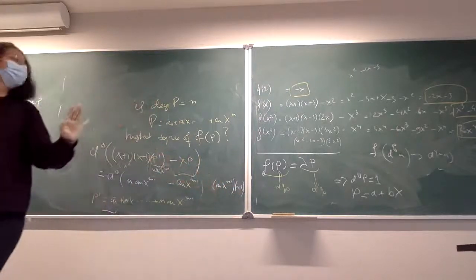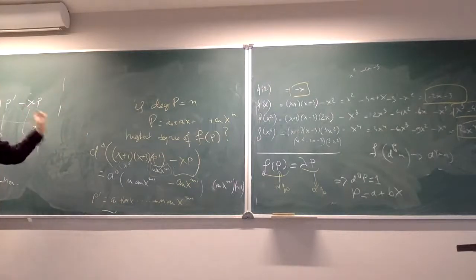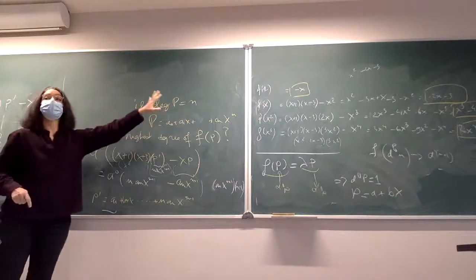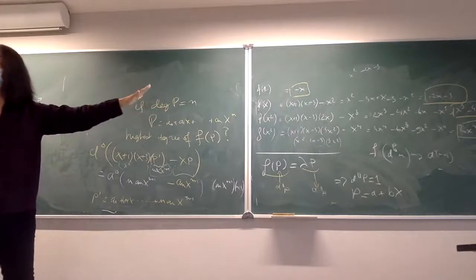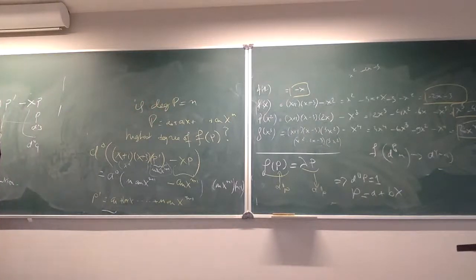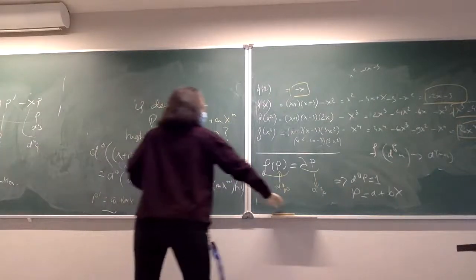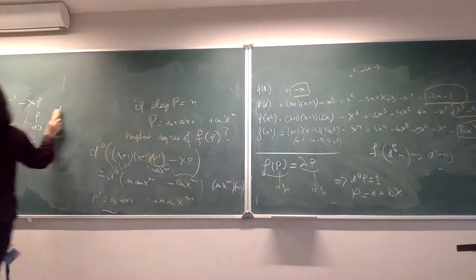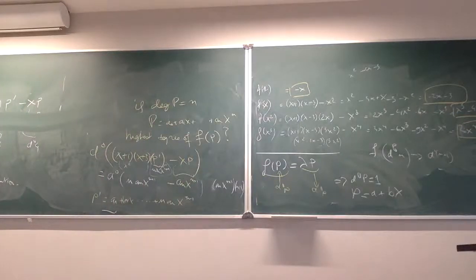So the conclusion of that calculation: if you plug in some polynomial of degree n different from 1, you get a polynomial of degree n plus 1. Okay? So maybe I should write that. So now let's go back to the original one.